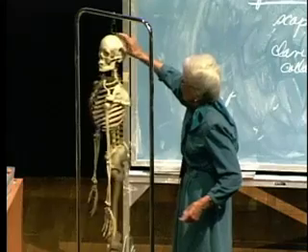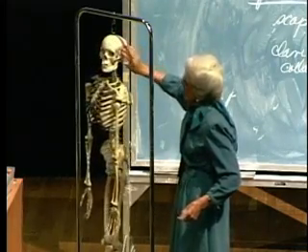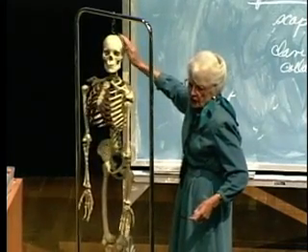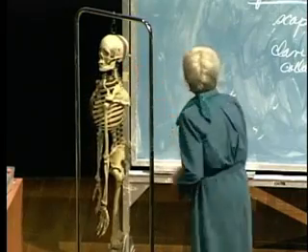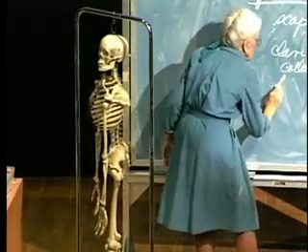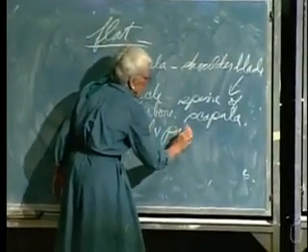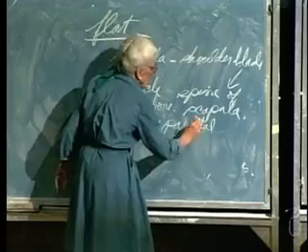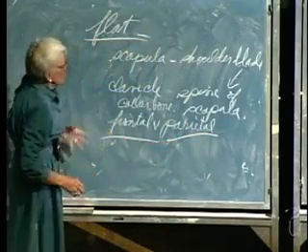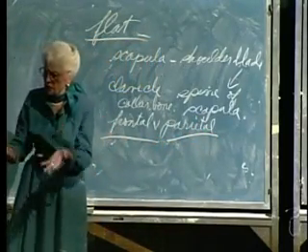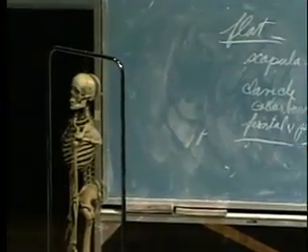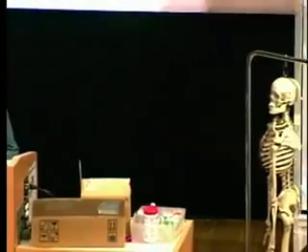Now, what do we call the wall of the skull? Parietal. So we have the frontal bone and the parietal. We'll use that term a lot for wall. So it gives you an example of how you can learn the names of the bones if you try classifying them. Now, let's look at some of the identifying characteristics of bones.